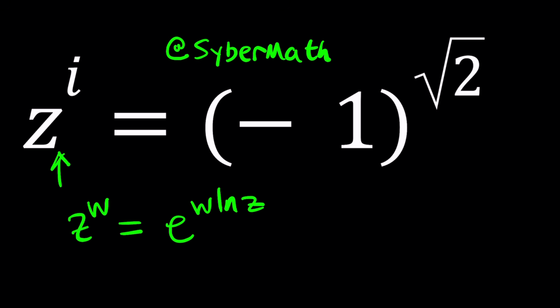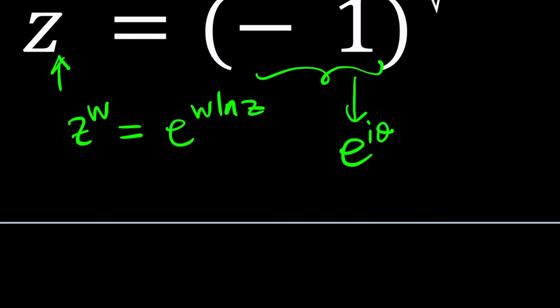And we can do the same thing on the right-hand side, but Euler's polar form actually allows us to express negative 1 as e to the power i times theta. To find theta, we need to use the polar form or just plot it in the complex plane, which is basically a fancy name for the coordinate axes, right? But we call it a real axis and the imaginary axis.